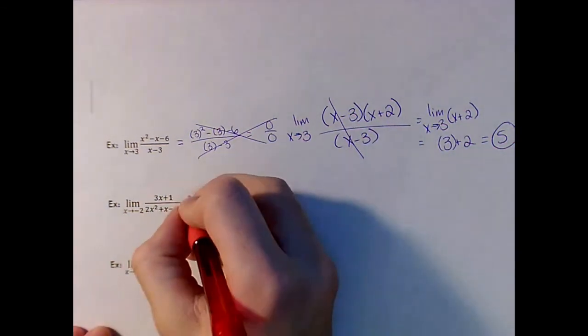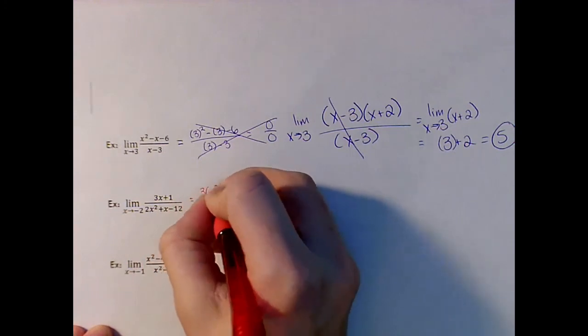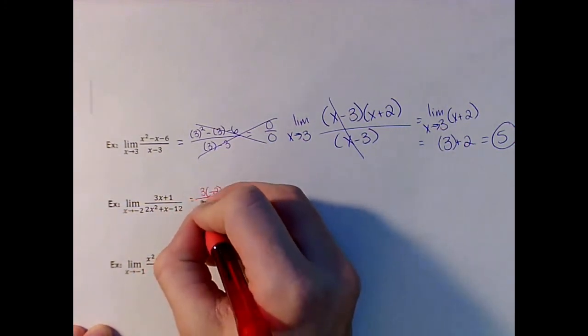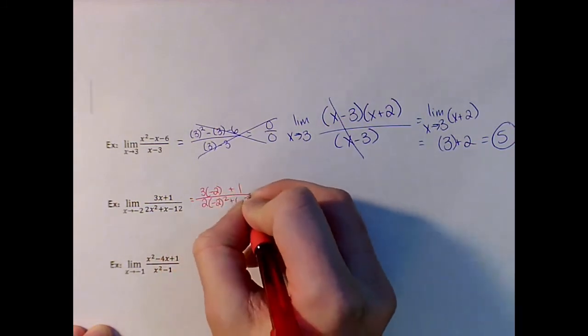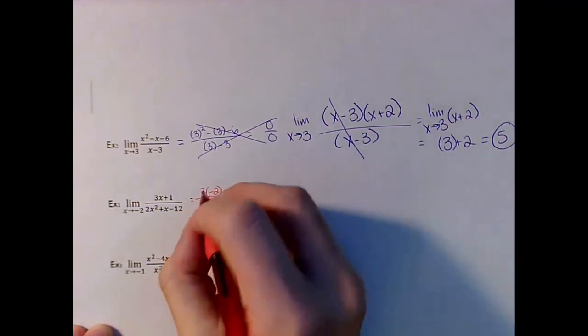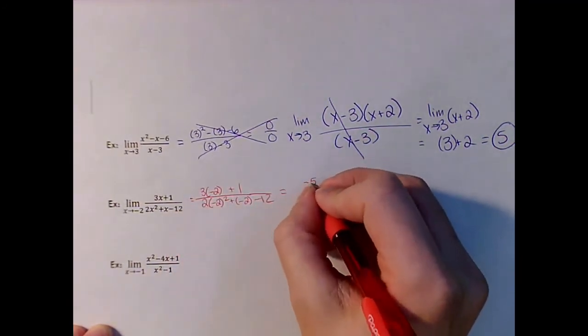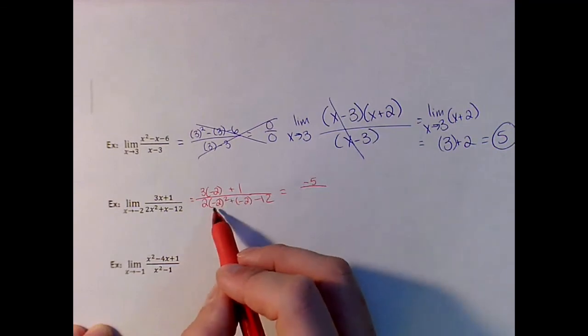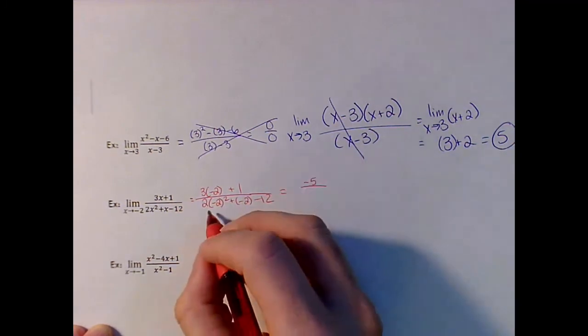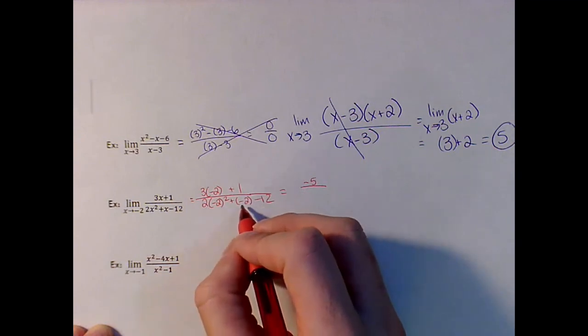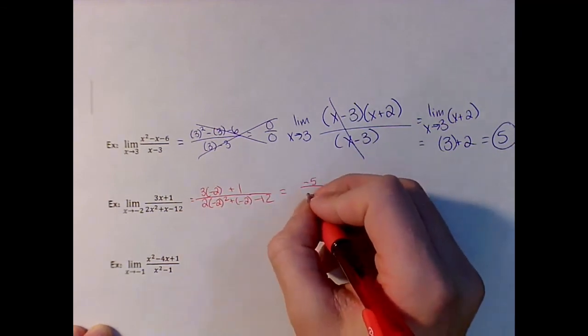Let's do another one. 3 times negative 2 plus 1 on top gives us negative 6 plus 1, which is negative 5. On the bottom, 2 times negative 2 squared plus negative 2 minus 12: negative 2 squared is 4, 4 times 2 is 8, 8 minus 2 is 6, and 6 minus 12 is negative 6.